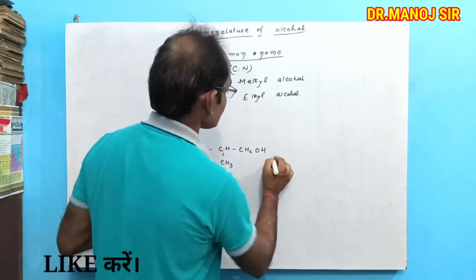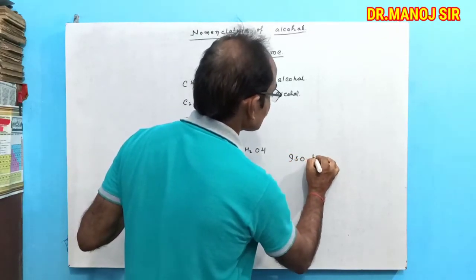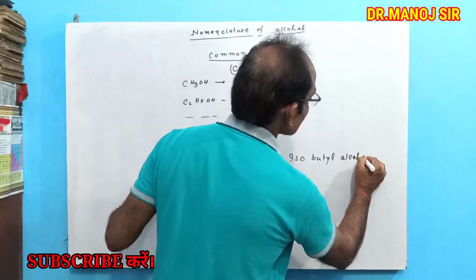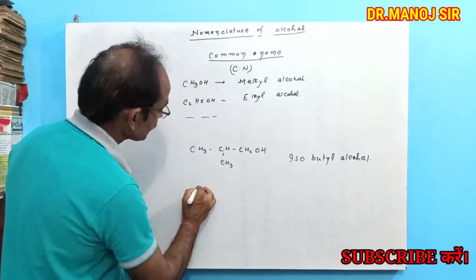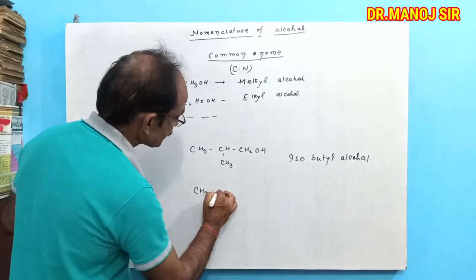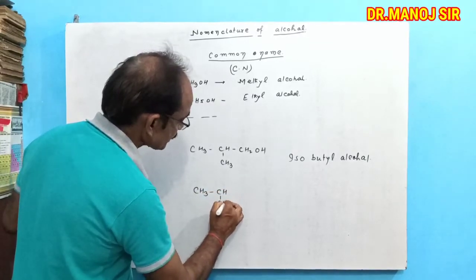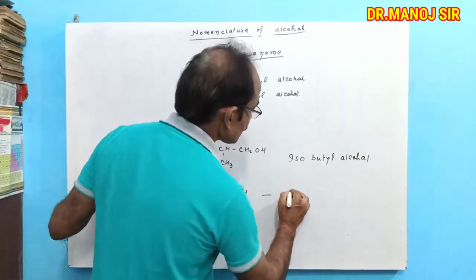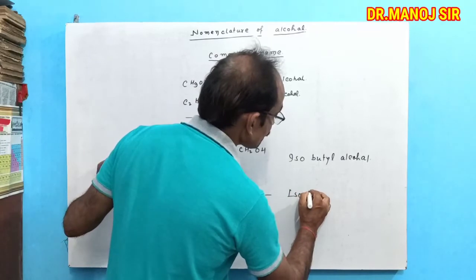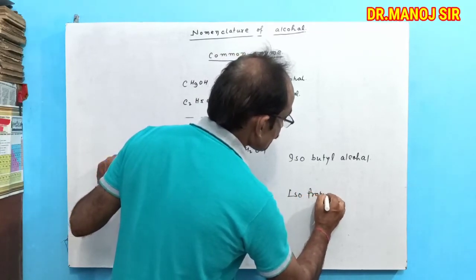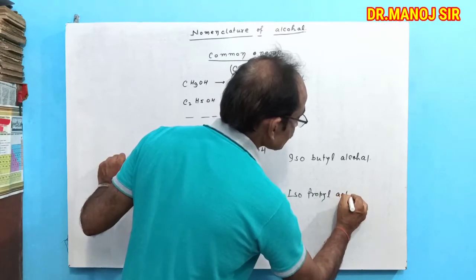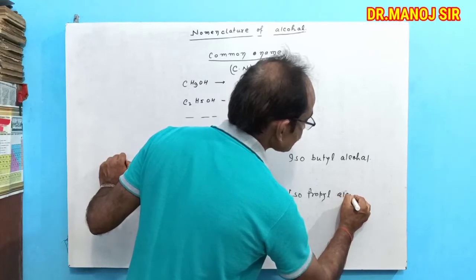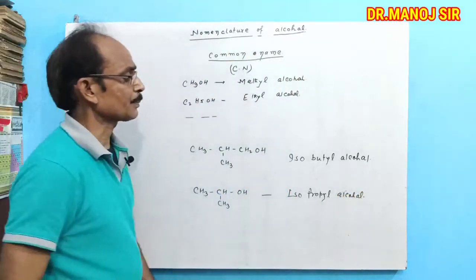Isobutyl alcohol. And CH3, CH3OH is called isopropyl alcohol.